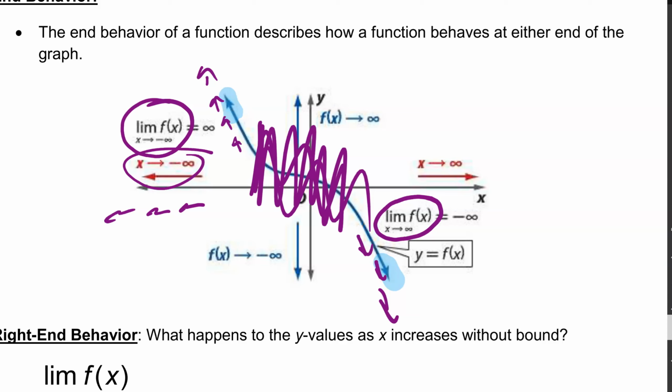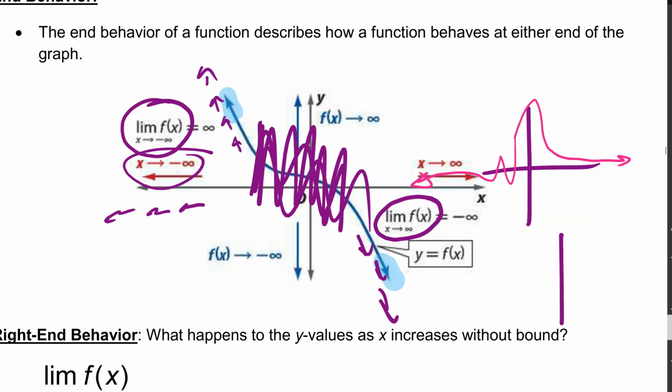But right now, the only answers you can have include 0, because I could have a graph where it's approaching 0 like this. Or it could be going like, you see how it's flattening out towards 0? This would be end behavior approaching 0.